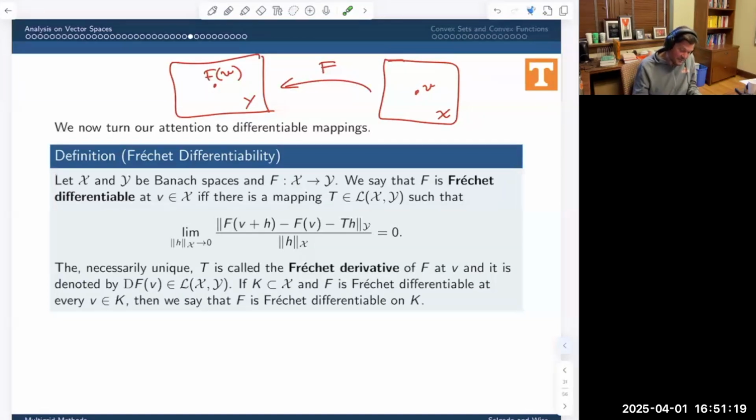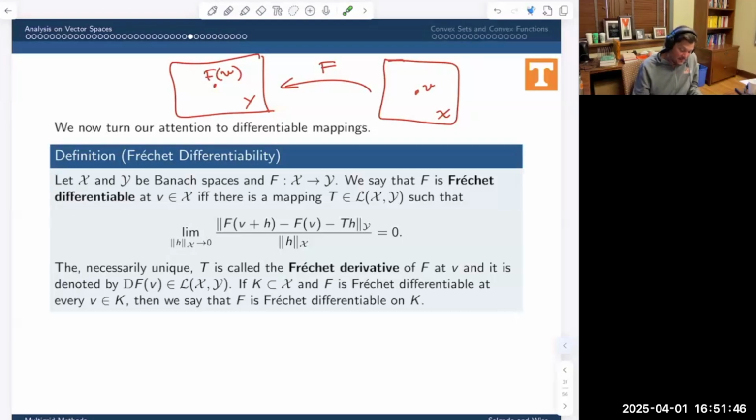We say that F is Fréchet differentiable at V if and only if there is a linear mapping T. It's got to be a bounded linear mapping between X and Y, or the other way of saying that is a continuous linear mapping. Bounded and continuous linear mappings are equivalent as long as the mapping is linear.